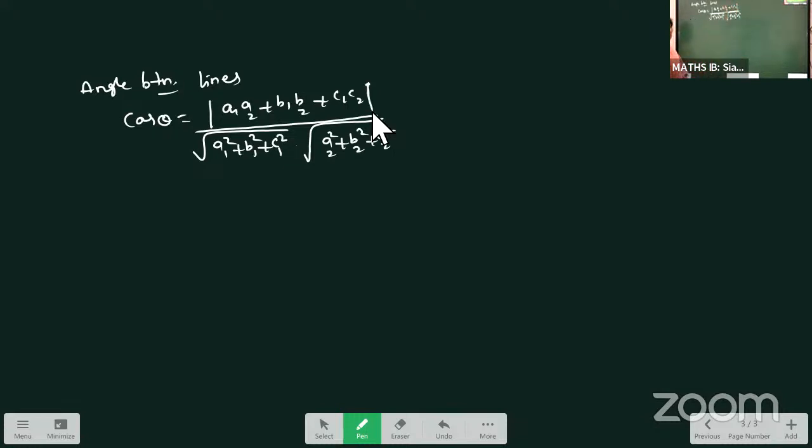So many times students get confused about this angle formula. In some chapters, we use a1 a2 plus b1 b2 by under root of a1 square plus b1 square into under root of a2 square plus b2 square.